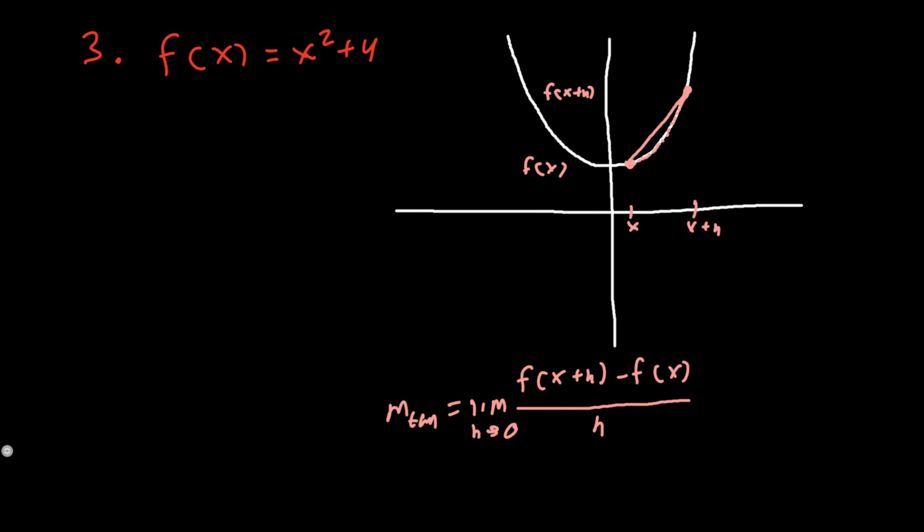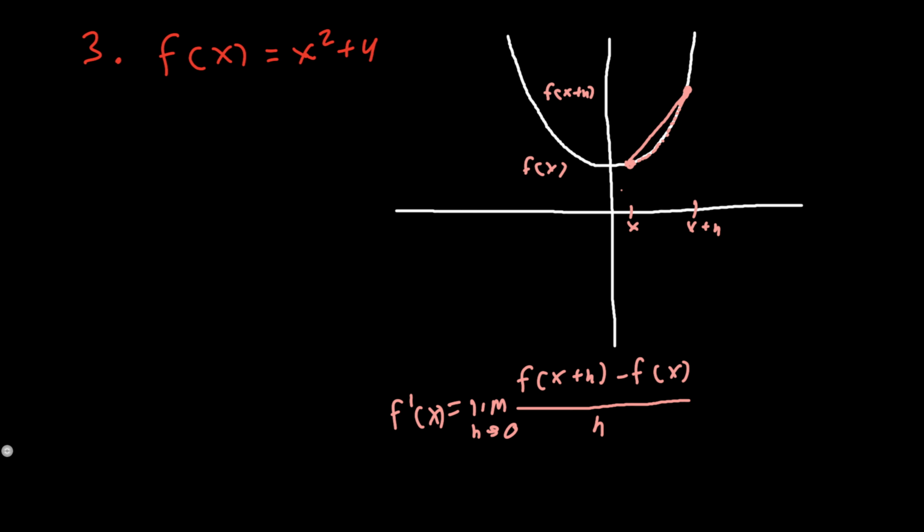Because if we slightly move this little point and make h a super small value, we will get the slope of the tangent line in terms of x, which is simply called the derivative, f prime of x equals this.